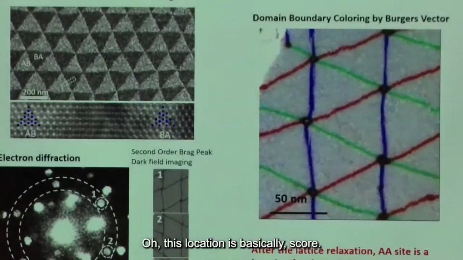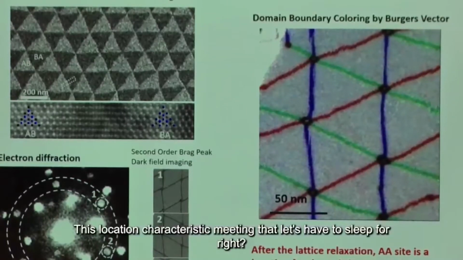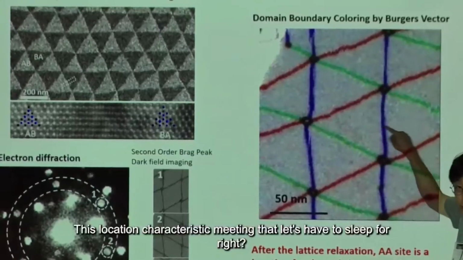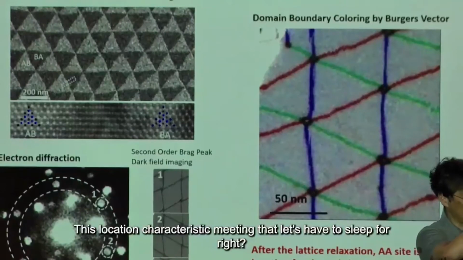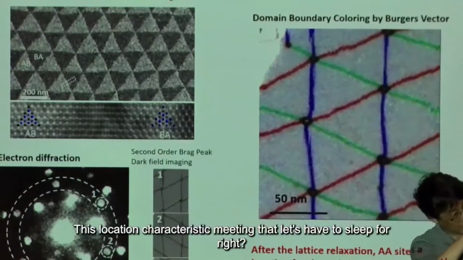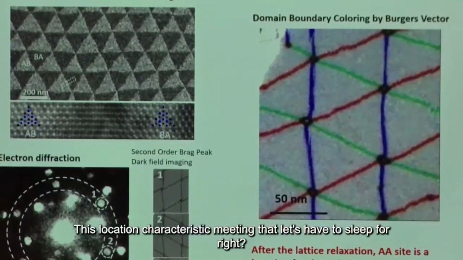The dislocation has a screw dislocation characteristic, meaning that along this dislocation line, the lattice tends to slip in the perpendicular direction. So there is a mismatch between the top and bottom, a shift between these two lattices. That's what you're seeing here.